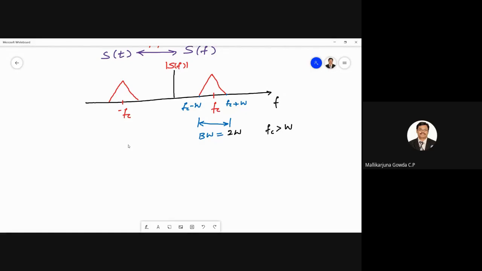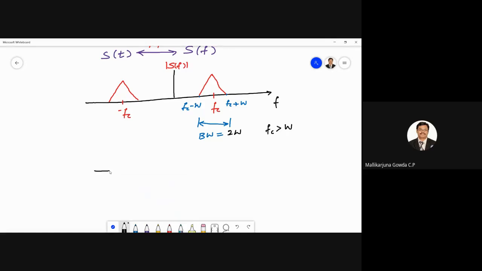I am assuming that the spectrum of the signal is limited to frequencies within plus or minus W hertz of the carrier frequency Fc, and Fc will be much greater than W. Now let me apply this bandpass signal, or narrowband signal, to a bandpass system, which I am considering as an LTI system.